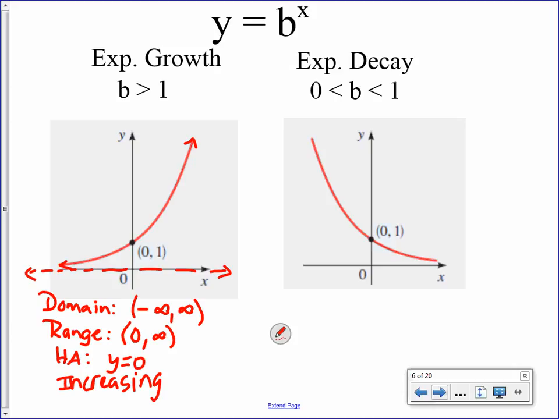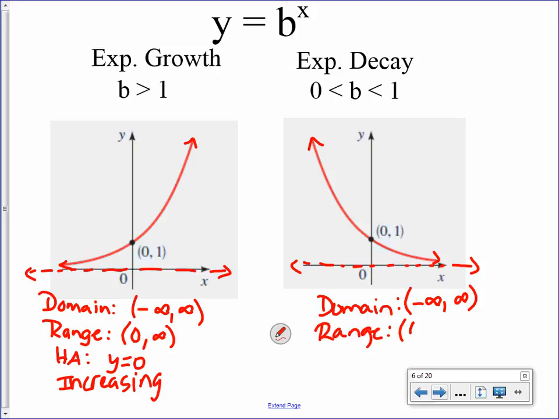All right, our next one. A lot of the characteristics are the same, like the domain is still all real numbers. The range is 0 to infinity.